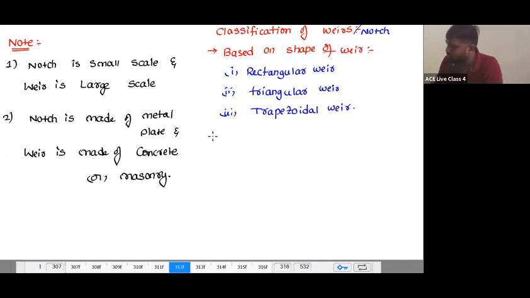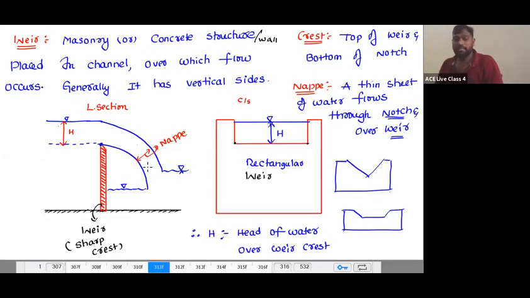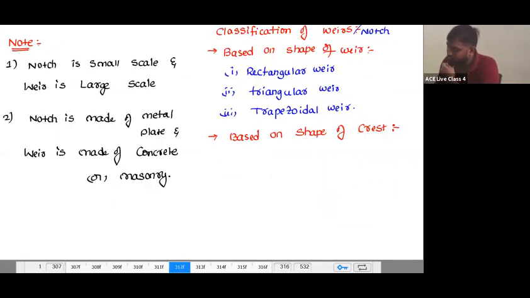Similarly, based on shape of crust. You see here, this is the vertical wall which is having a sharp crust. So based upon that, first one, sharp crusted weir.